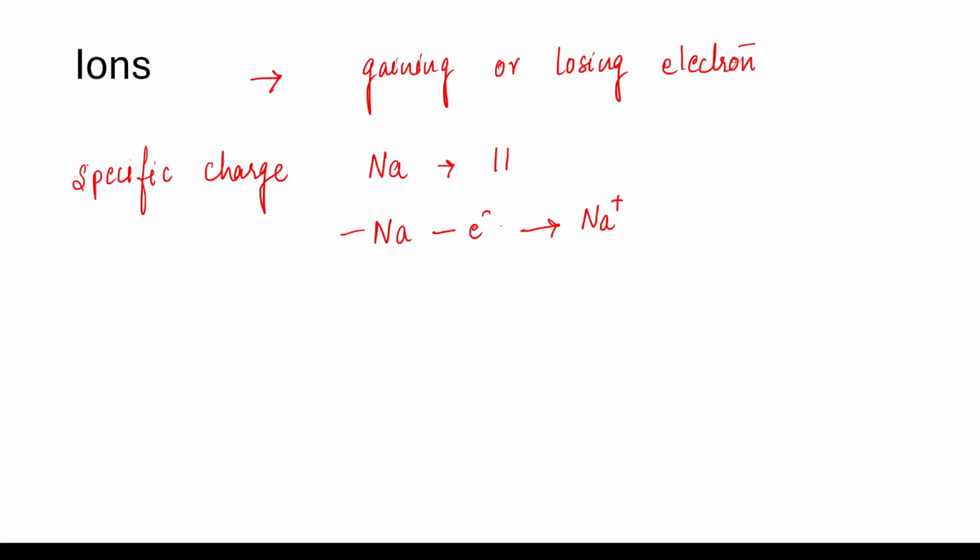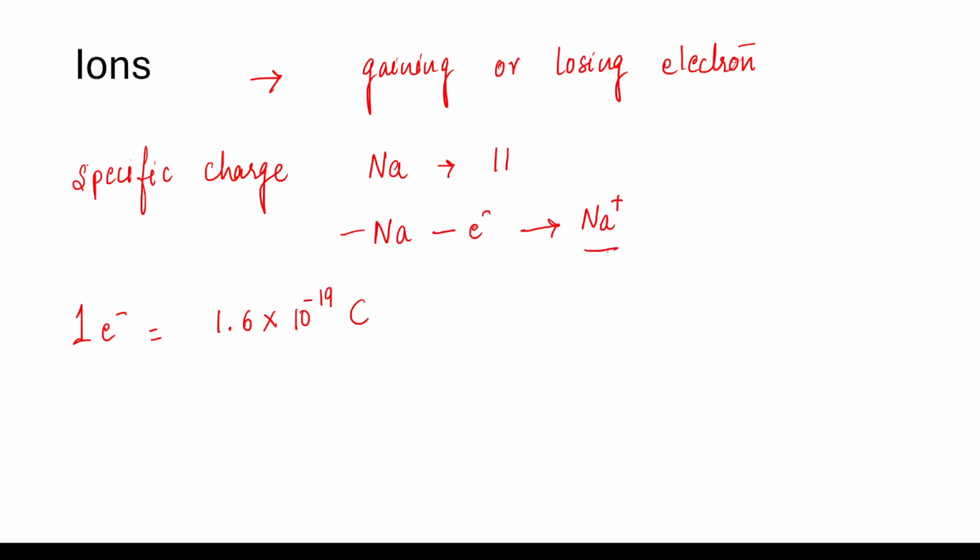Before I go there, know this: the charge of one electron is 1.6 times 10 to the power minus 19 coulombs. The presence or absence of one single electron produces this much charge.